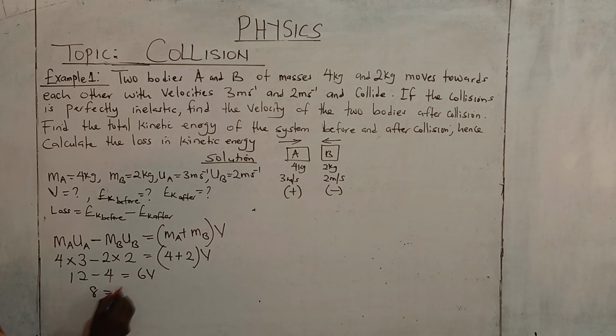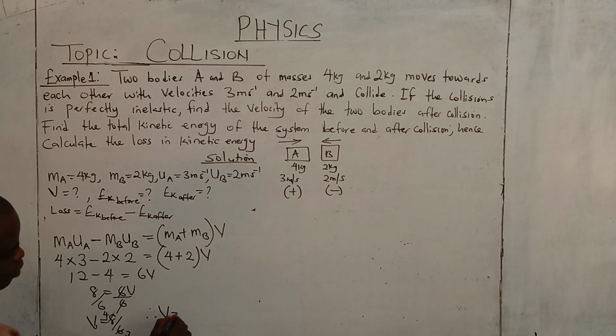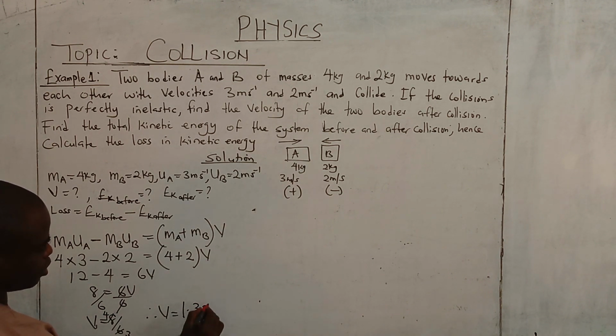That's 8 equals 6V. 6 cancels 6. V equals 8 over 6, which is 4 over 3. So the common velocity is 1.33 meter per second.